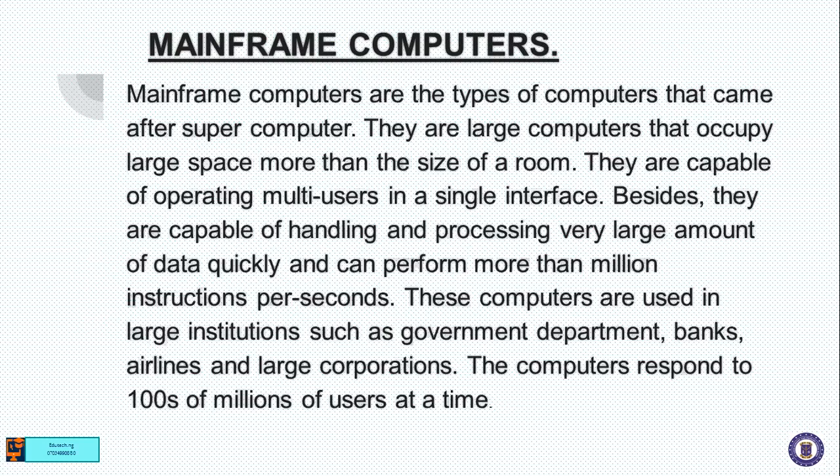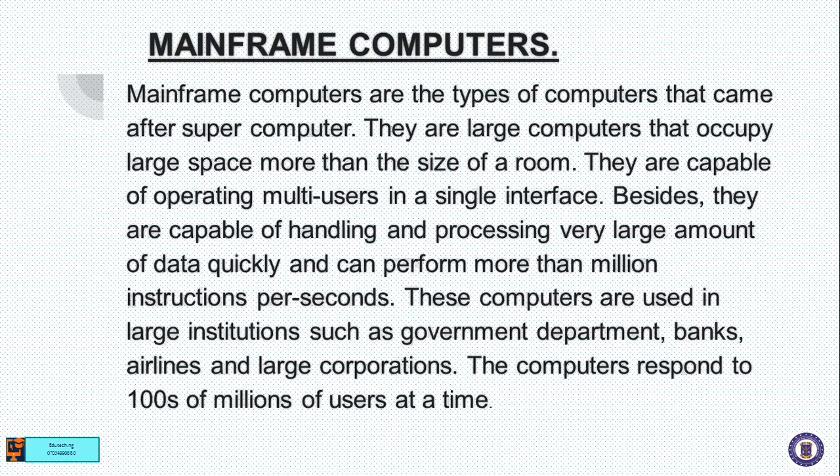Besides, they are capable of handling and processing very large amounts of data quickly and can perform more than million instructions per second. Now, this is talking about their processing speed. They are very fast and very high in processing.